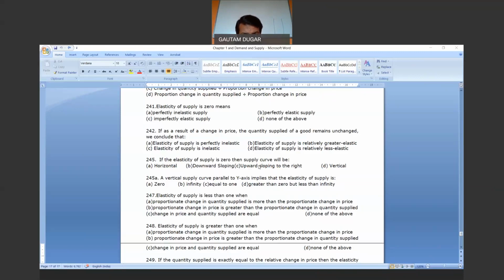Vertical is the correct answer. It wasn't A, it was vertical. A vertical supply curve, parallel to the y-axis, implies that elasticity of supply is 0. It's the same question, put up in a different manner. So these several questions are from elasticity of supply. I'll skip this portion a bit.